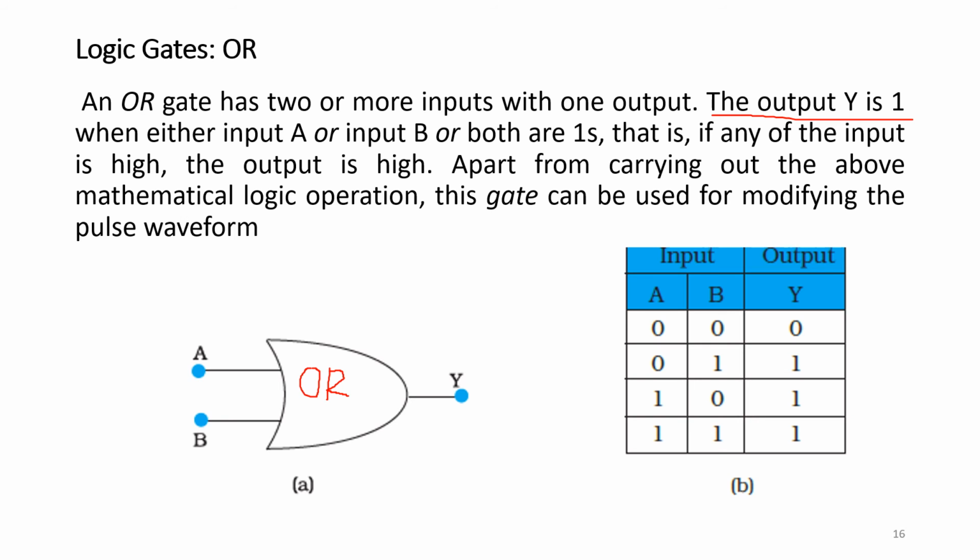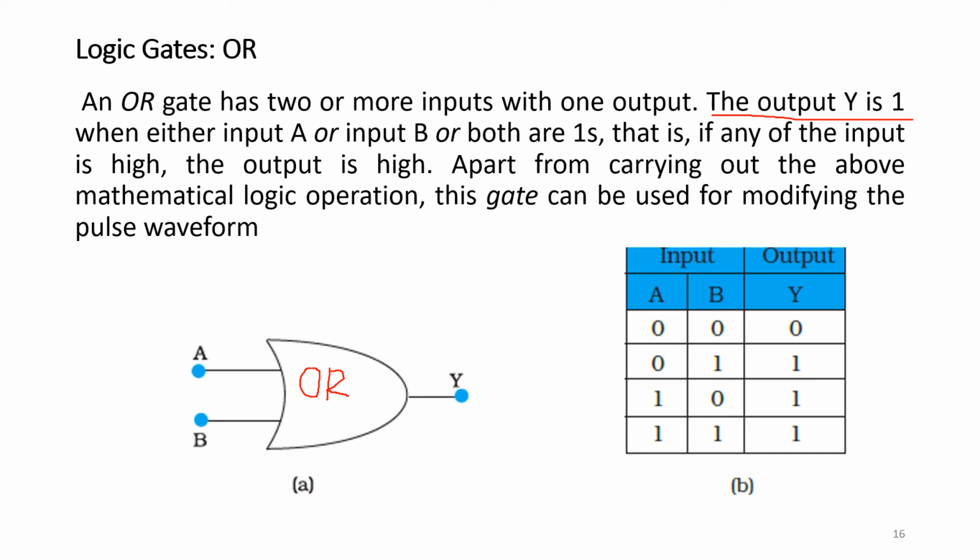Or we can say, if any of the inputs is 1, the output is 1. Apart from carrying out this mathematical logic relationship, this gate can also be used for modifying the pulse waveform. When A is 1, the output is 1.